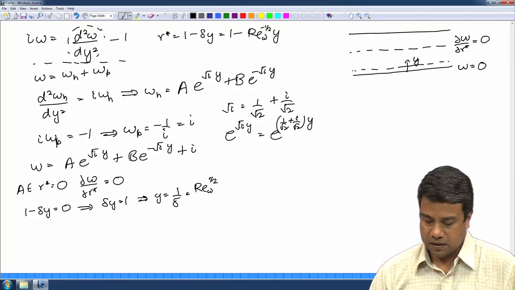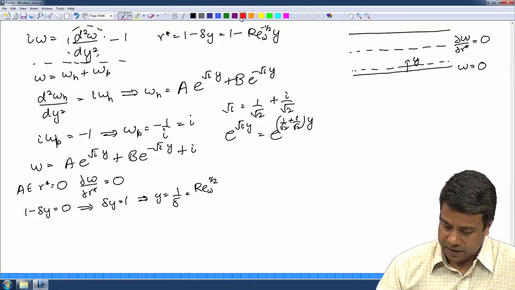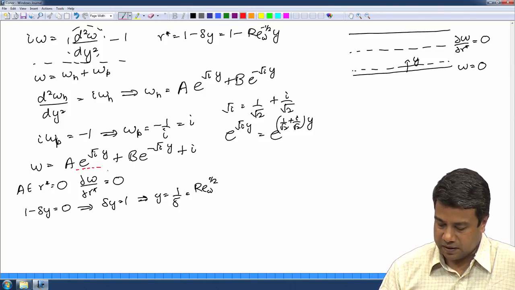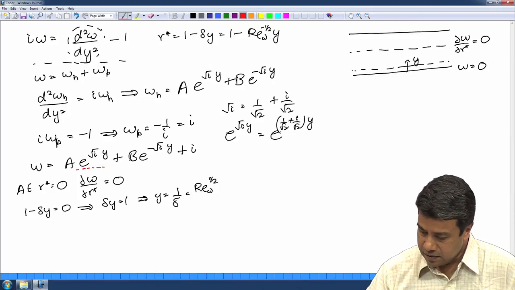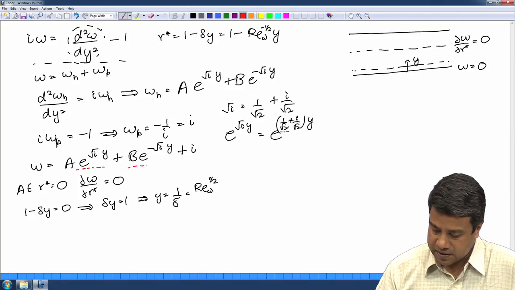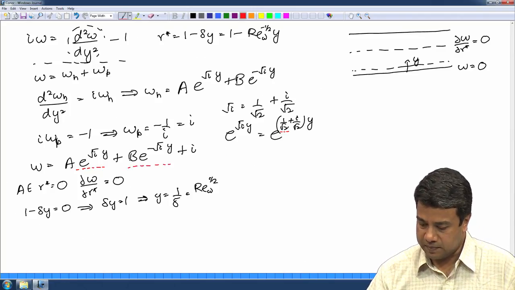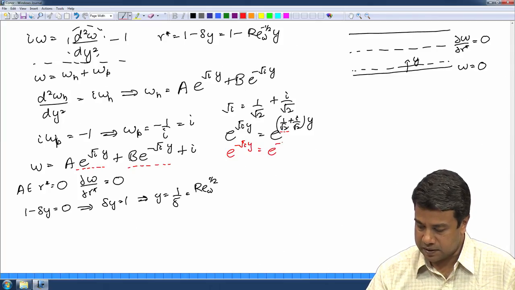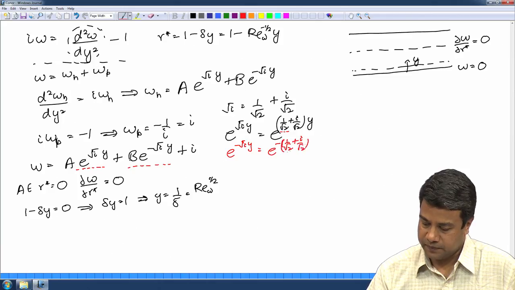Look at the two terms here. The first term is exponentially increasing because it has the real part to a positive power. The second term is exponentially decreasing, because e power minus root i y is equal to e power minus 1 by root 2 plus i by root 2 y.